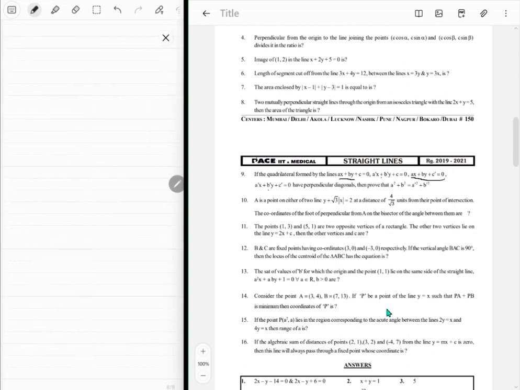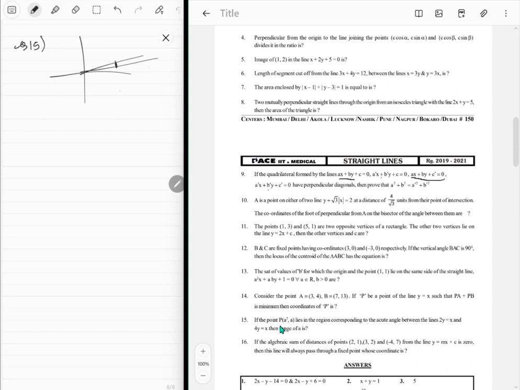Alright, next question. If this point lies in the region corresponding to the acute angle between the lines, range of A is... acute angle. Okay, I get it. Question 15. Graph y equal to half x, y equal to 1/4 x.